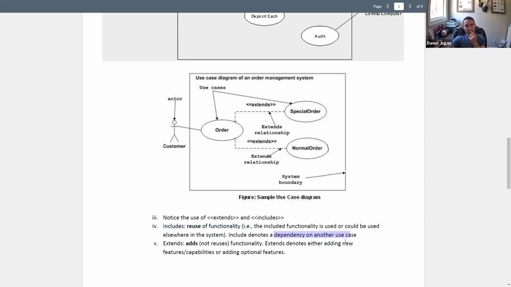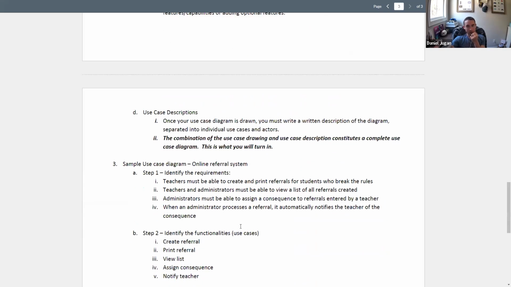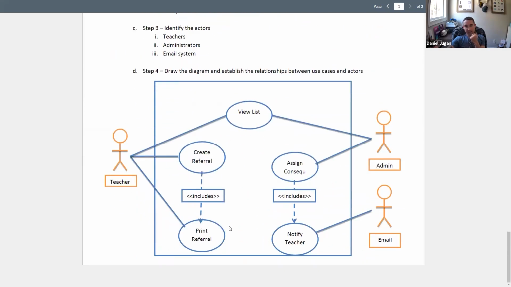I'm trying to think of, a customer is not going to go straight into special order. They would have to go into order first, and then special order extends. This is more like an inheritance relationship, where this is more like a tacking on relationship. Okay, if that makes sense.